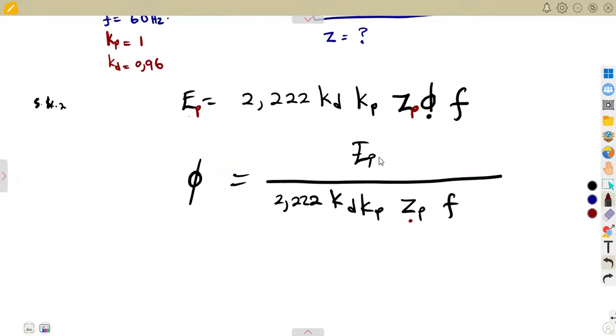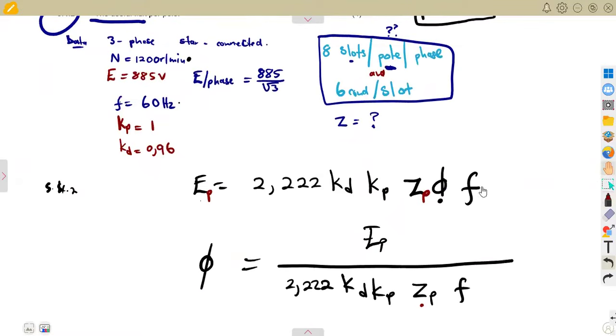So let's start with the EP. Are we having EP? Remember, we are given the E, and I said per phase, it's a star connection, so divide by the square root of 3. KD, we are given. KP, for a full pitch, it's going to be 1, all right? Then we do not have this part, we're going to calculate it.